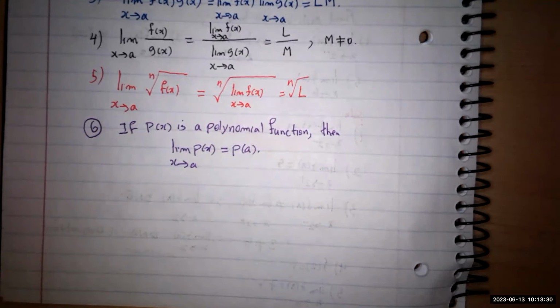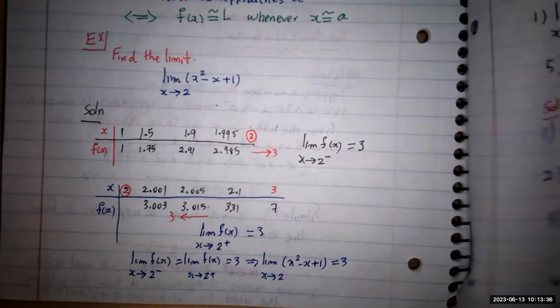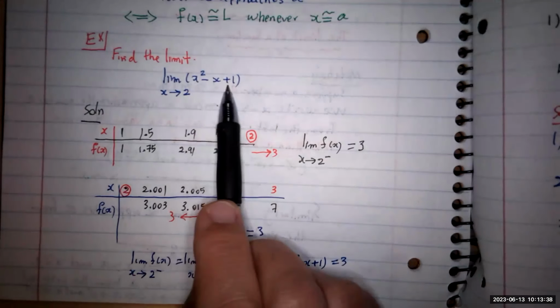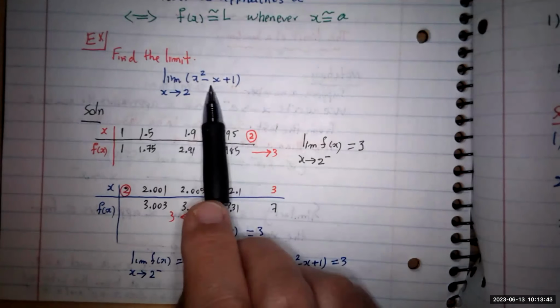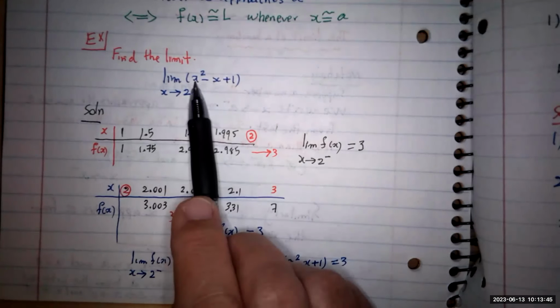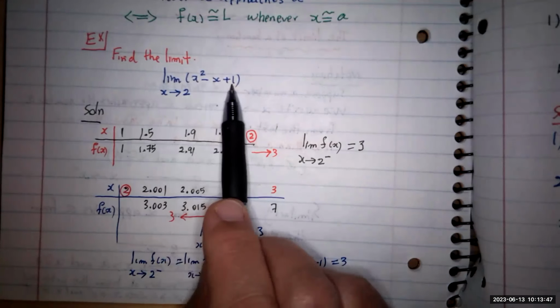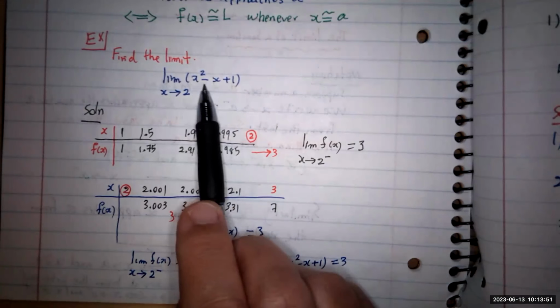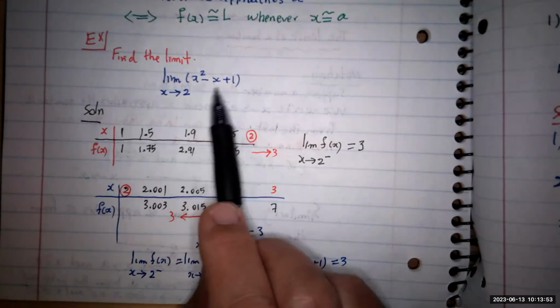Like the example that we did, look at this example. This is a polynomial. So now, if you want to find the limit, we just substitute. If you substitute 2 squared minus 2 plus 1, 2 squared is 4, minus 2 is positive 2, plus 1 is 3.